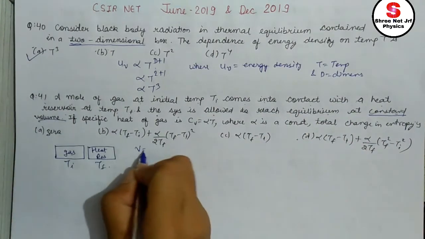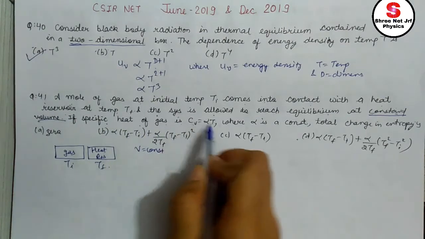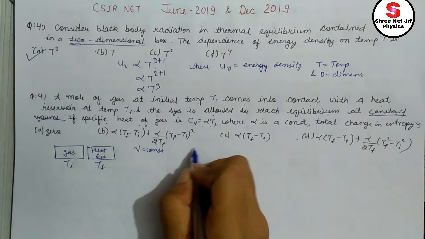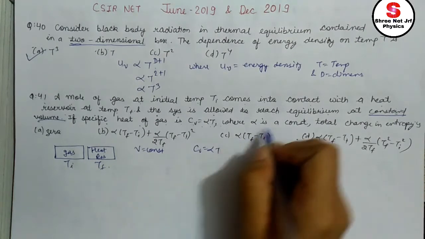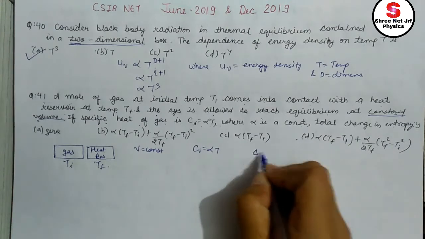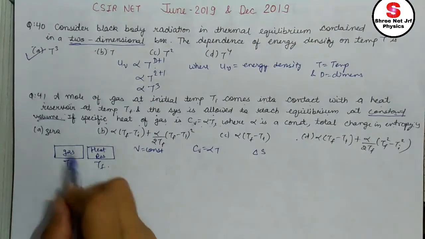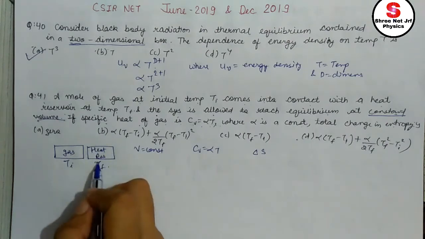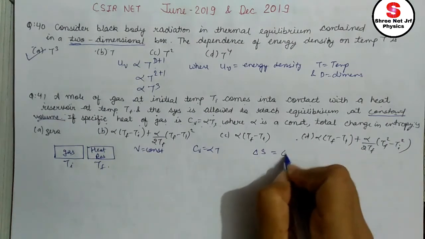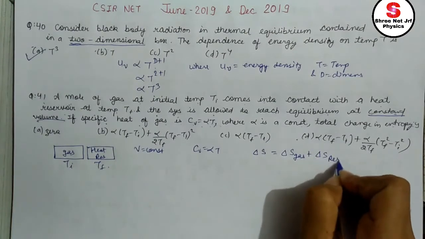Volume is constant, V equals constant. If the specific heat of the gas is Cv equals alpha T, where alpha is a constant, the total change in entropy is... Total change delta S we need to find. Total means change for the gas and change for the heat reservoir both. So delta S equals delta S gas plus delta S reservoir.